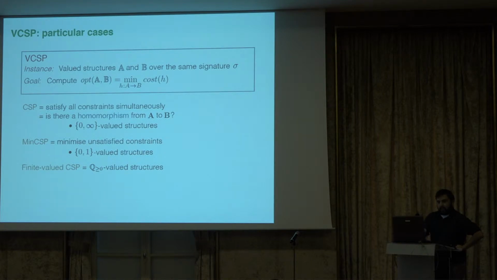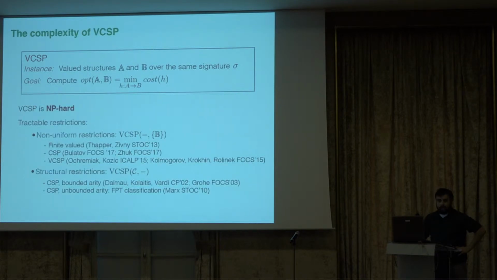Similarly, we can encode the Min CSP, where we want to minimize the unsatisfied constraints, by using 0-1 valued structures. Another particular case is the finite-valued CSP, where there is no infinity, we just have finite values. In this case, the problem is just optimization, we don't have feasibility problems. So there are many particular cases.